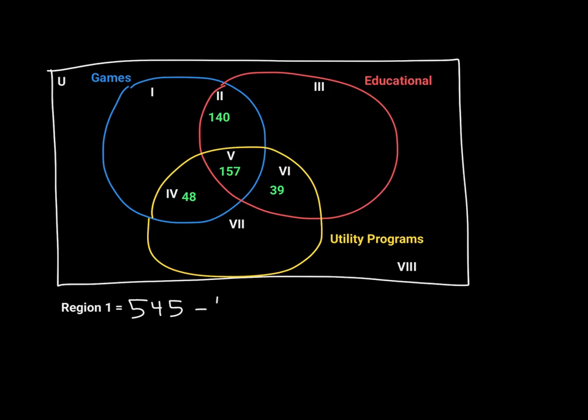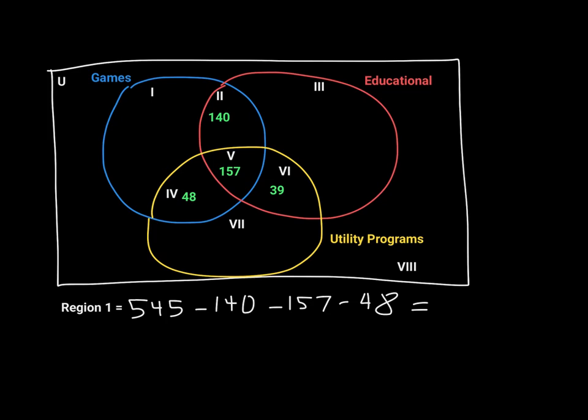So I'm going to subtract all of those in region 2, subtract all of those in region 5, and subtract all of those in region 4. And that will leave me with those customers that are in region 1. That is, all of those customers that only purchased games, right? And let's see if we can do this arithmetic here.